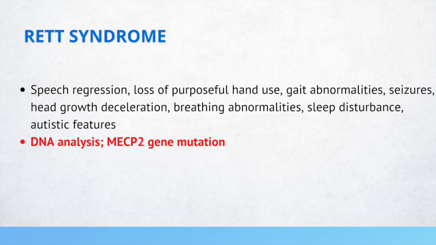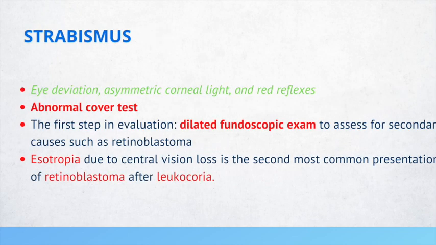Strabismus. These patients typically have eye deviation, asymmetric corneal light and red reflexes. Strabismus is typically a clinical diagnosis that you can arrive at by doing physical exam maneuvers such as the corneal light reflex, a cover test, and a cover and uncover test, and you will notice that they have an abnormal cover test.